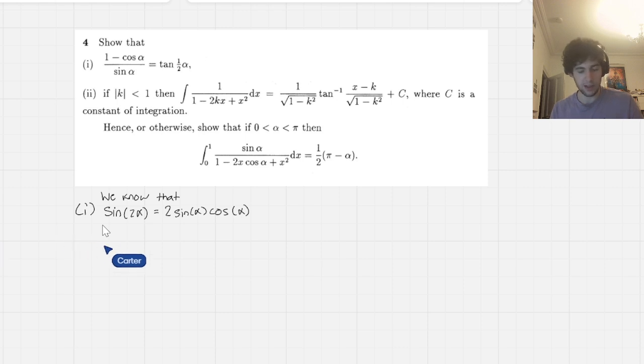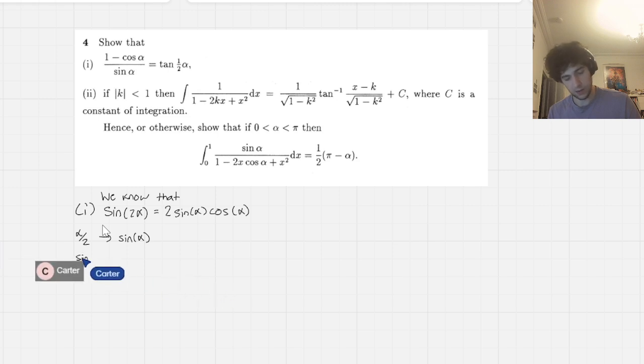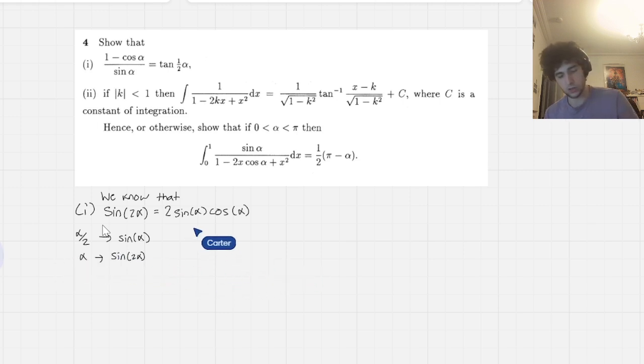I just do sine of that alpha, multiply it by cosine of that alpha, and then multiply by 2.